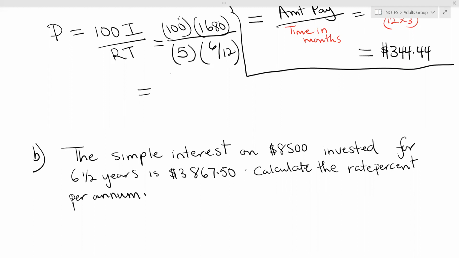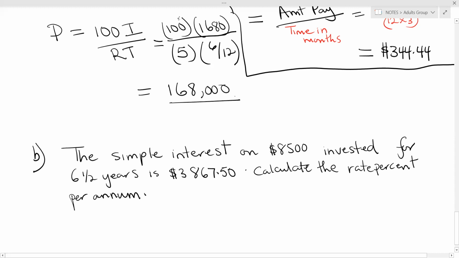100 multiplied by 1680 is actually 168,000. This is your top. Yes, the total. So now what we're going to do is multiply 5 by 0.5, right?